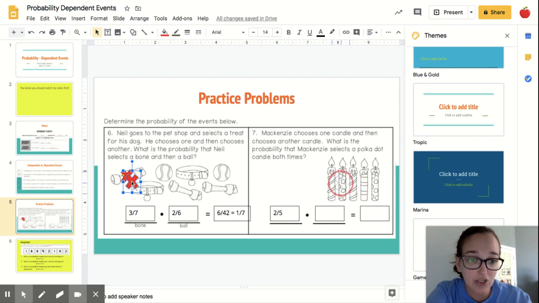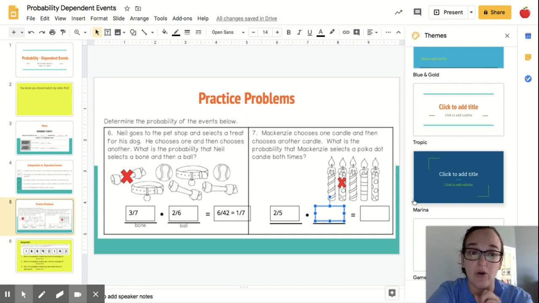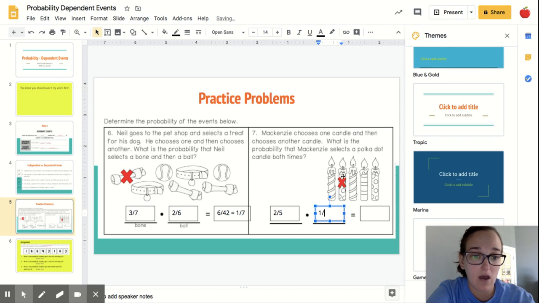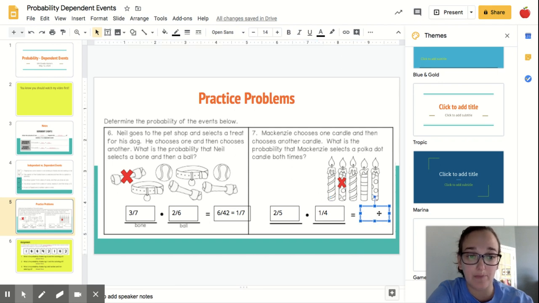Okay, but if she has already chosen a polka dot candle, then that one's gone. She already picked it. So what's the probability on the second draw that she's going to draw out a polka dot candle? Well, there's only 1 out of how many total candles left? This one is gone because she already drew it. So now there's only 4 candles and one of them is a polka dot.